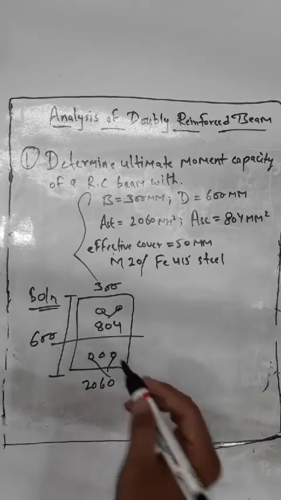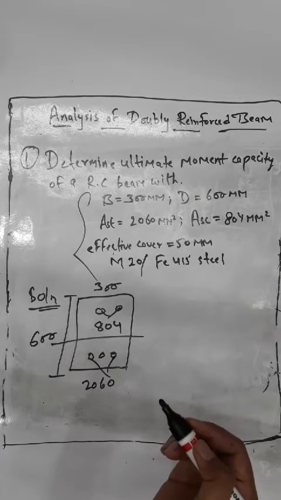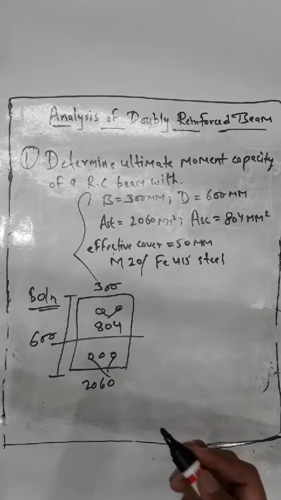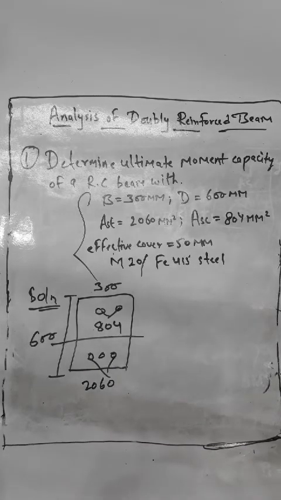Now we have to find the effective depth. How do we find it? We have to subtract the effective cover from the overall depth.